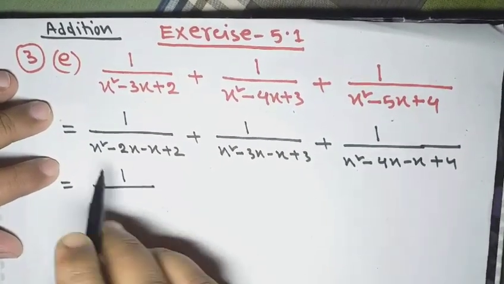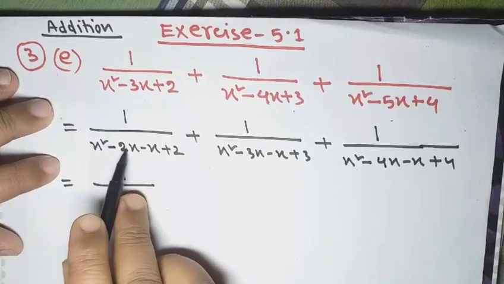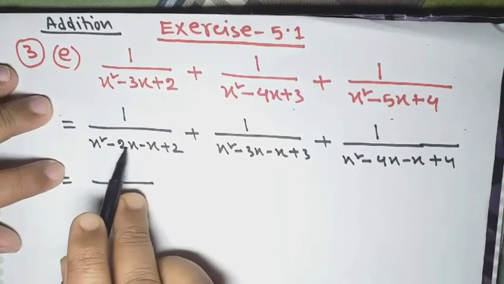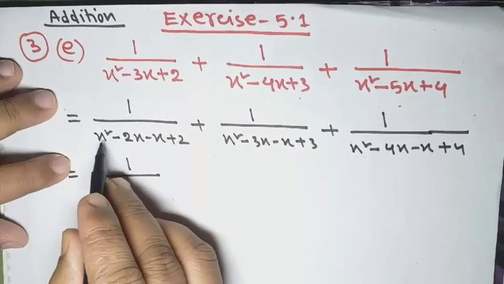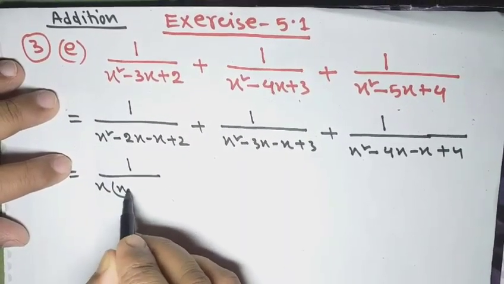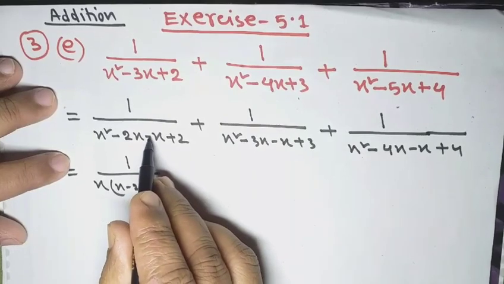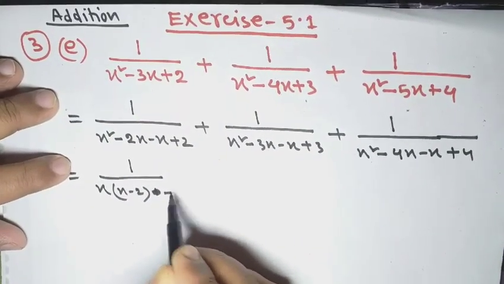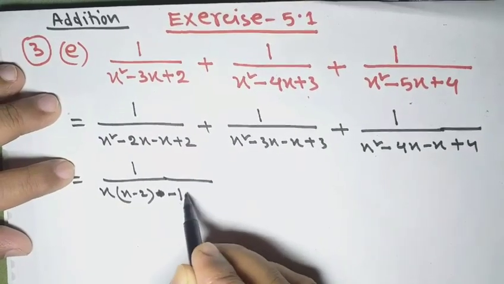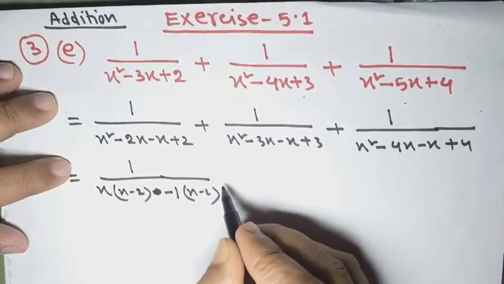Now we will take common from the first two terms. What is common here? Here x is common. Now what is remaining? x minus 2, and here minus x plus 2, we will take common, sorry, here will be minus 1, so x minus 2.